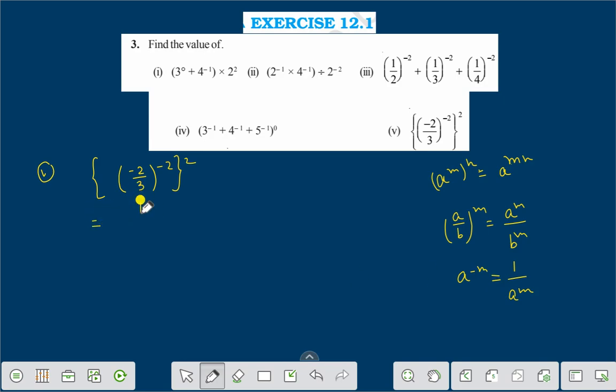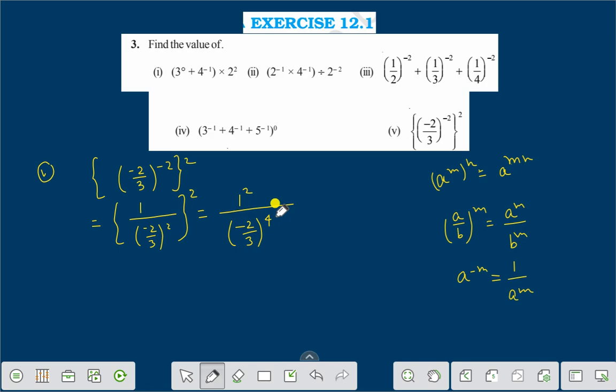Here we get 1 by minus 2 by 3 to the power 2, and in the second bracket it is 2. Therefore it can be written as 1 by minus 2 by 3 to the power 2 into 2, that is 4.